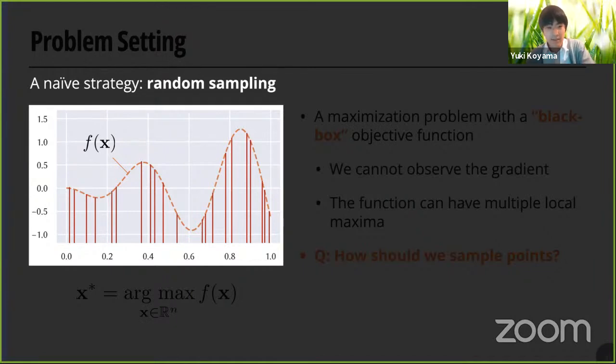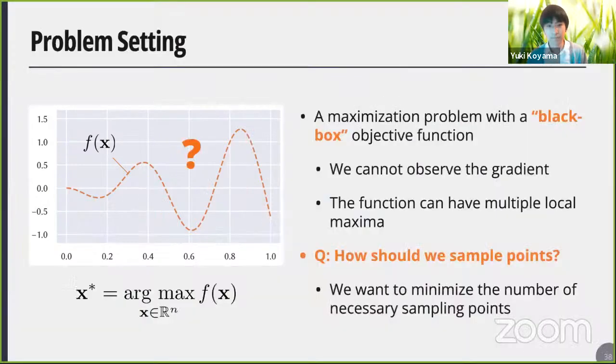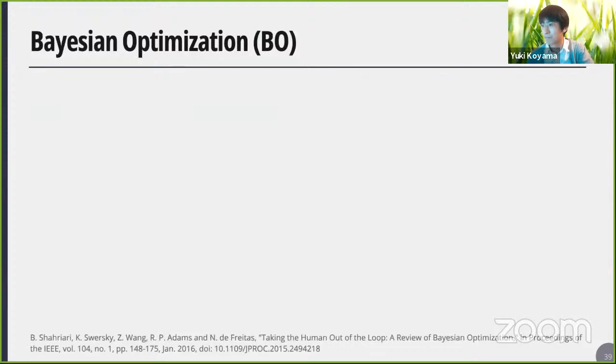Of course, this is not very bad for one-dimensional problems. However, when the problem is multi-dimensional, this approach is not feasible since the search space becomes too large. So let's consider how to minimize the number of necessary sampling points.